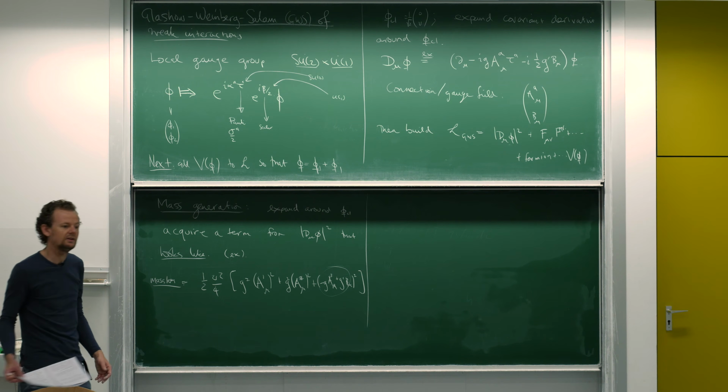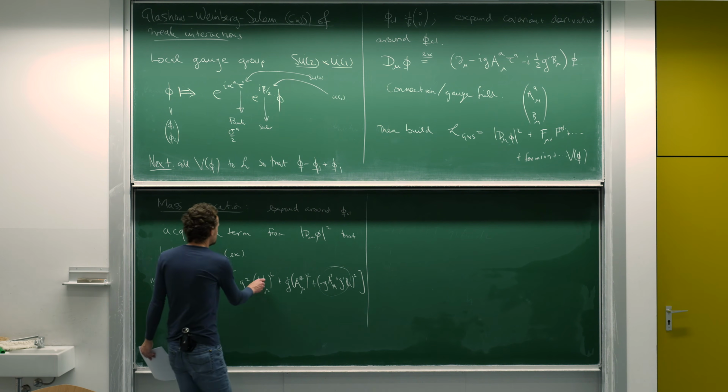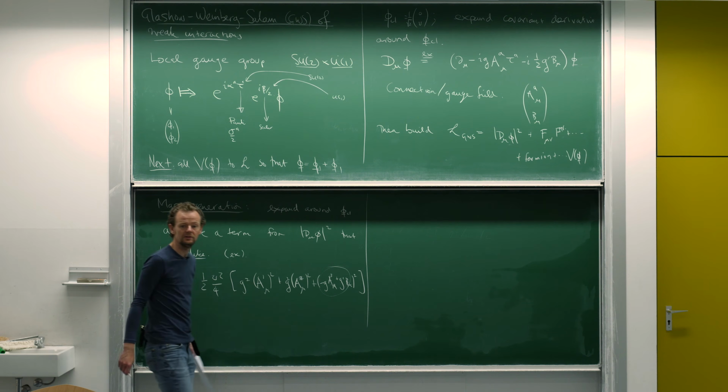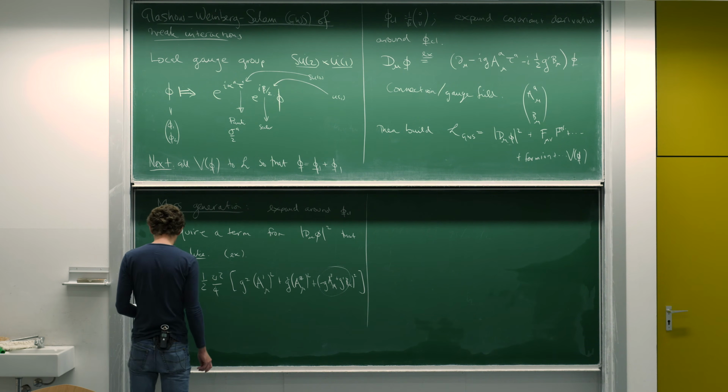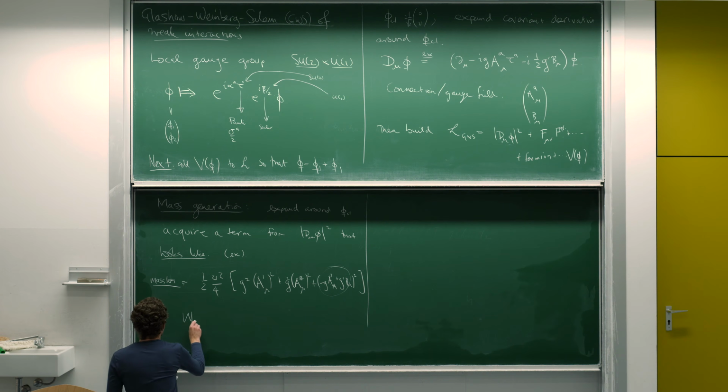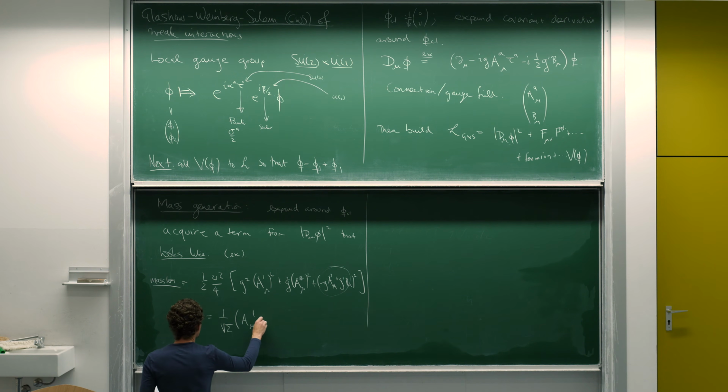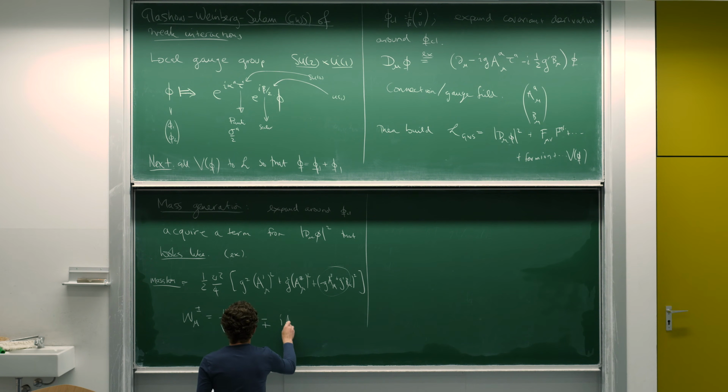So it's convenient to give these fields different names, just to relabel them, by introducing new linear combinations of these guys. And these are the ones that we attach to the actual gauge bosons of the weak theory.